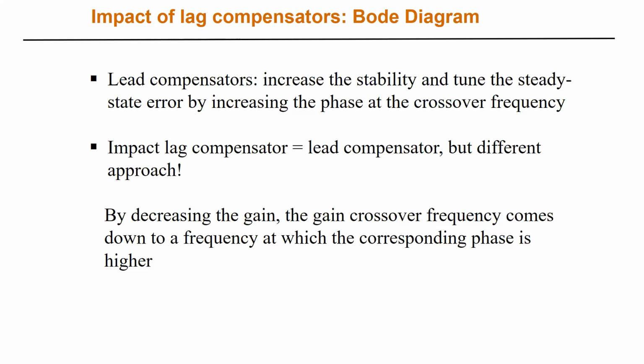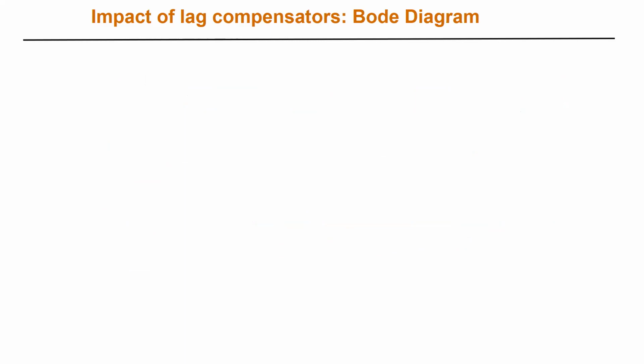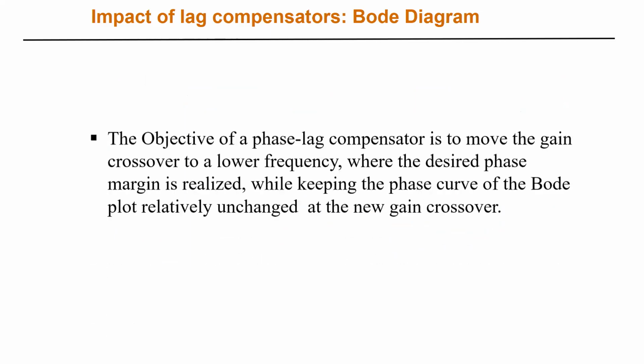By decreasing the gain crossover frequency, it comes down to a frequency at which the corresponding phase is higher. I will come and explain this one graphically in a moment.